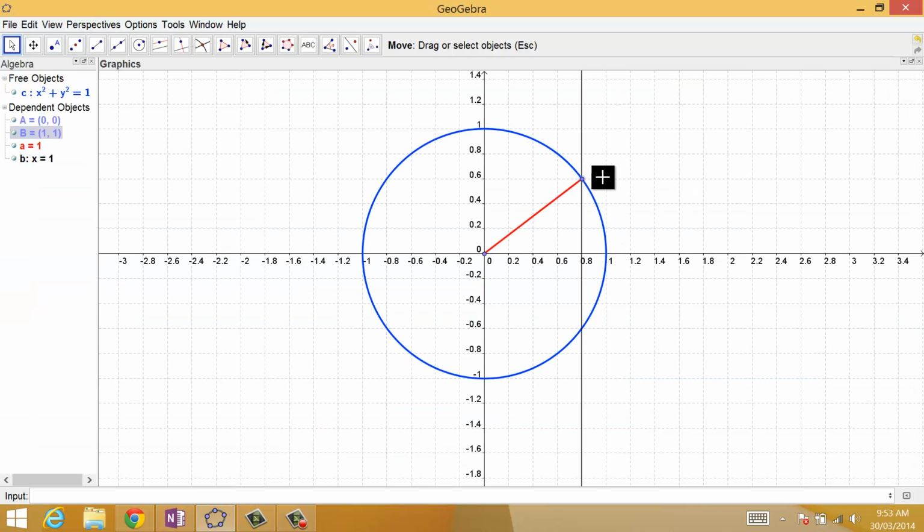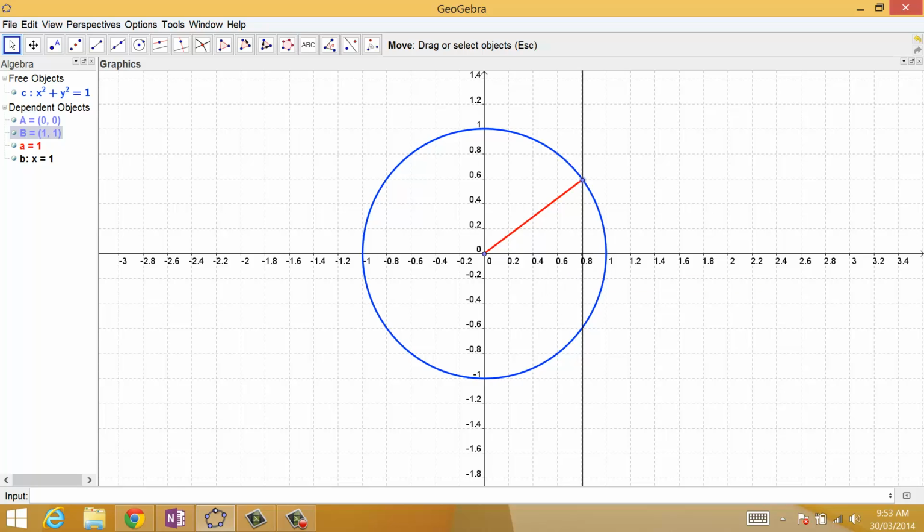What that means in terms of coordinates is this point on the unit circle has an x-coordinate. That x-coordinate is the length of this side, which is actually the adjacent side.